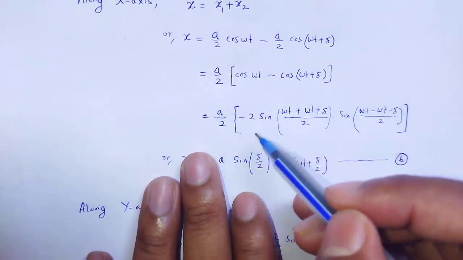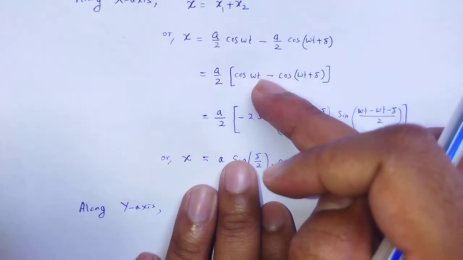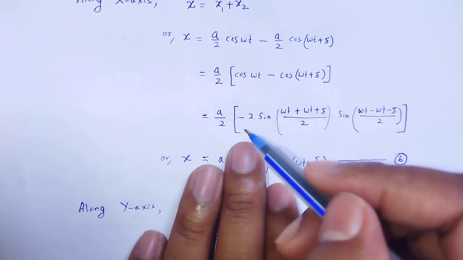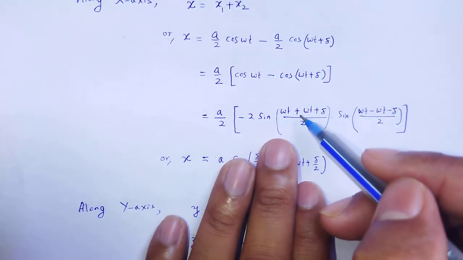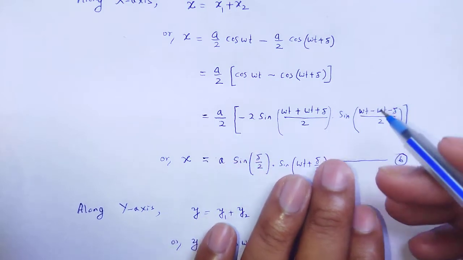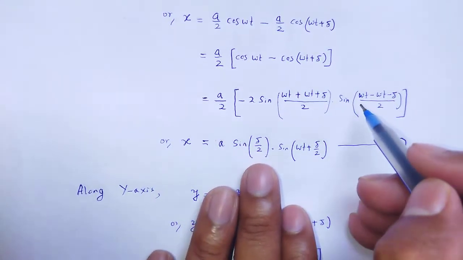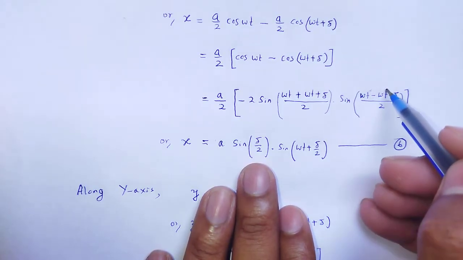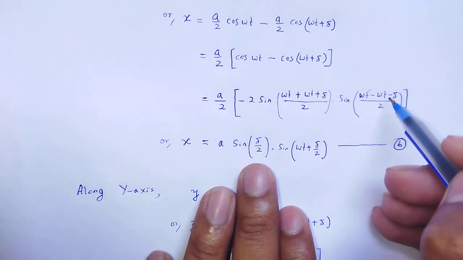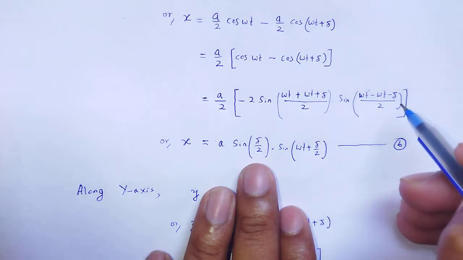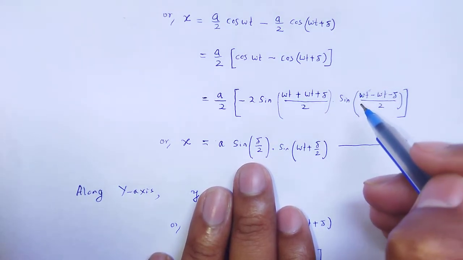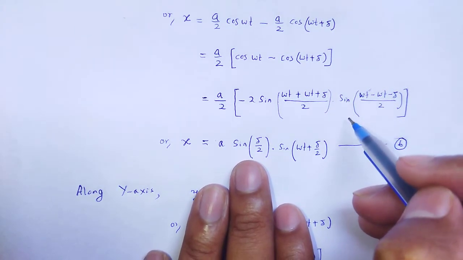So a by 2 common, cos omega t minus cos omega t plus delta is minus 2 sin omega t plus delta by 2 into sin omega t minus delta by 2. So here omega t cancelled out, sin minus delta by 2, sin of minus theta is minus sin theta.